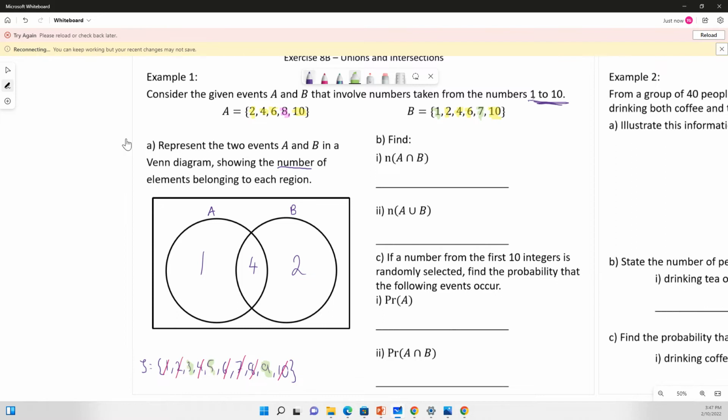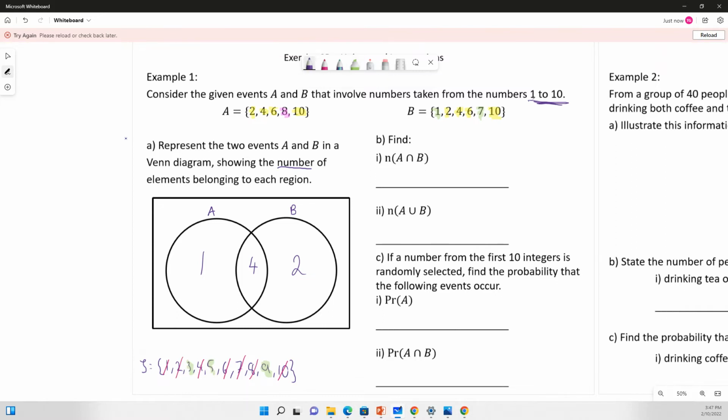So there are actually 3 elements, 3, 5, and 9, that are in our sample space that are not in set A or set B. So we need to put a 3 on the outside here.